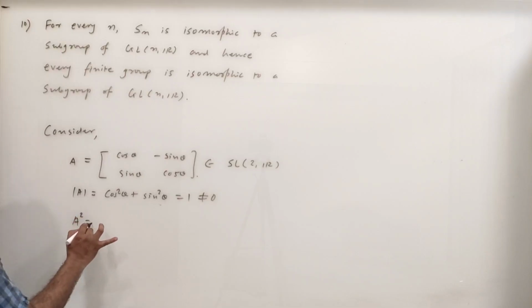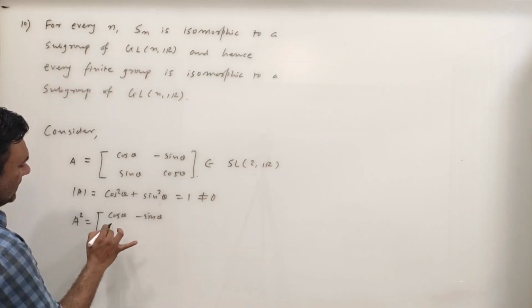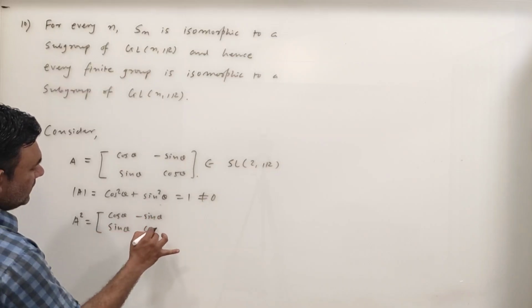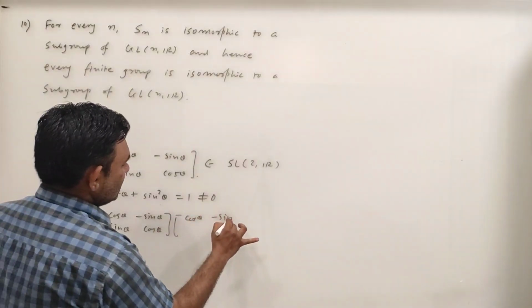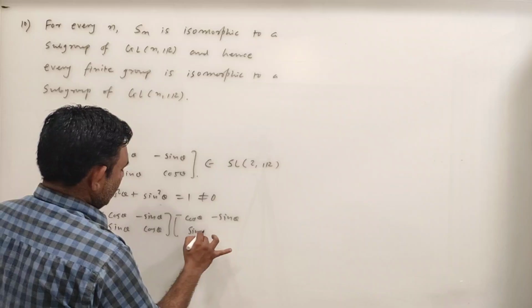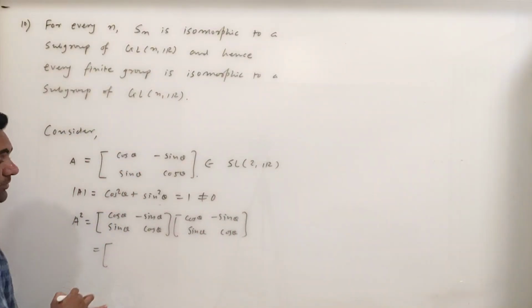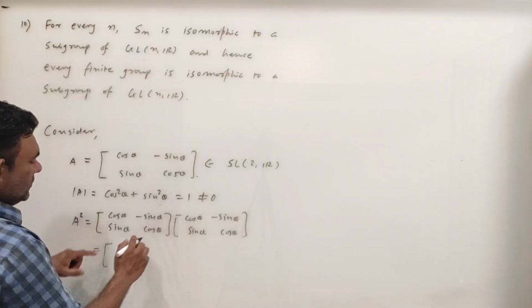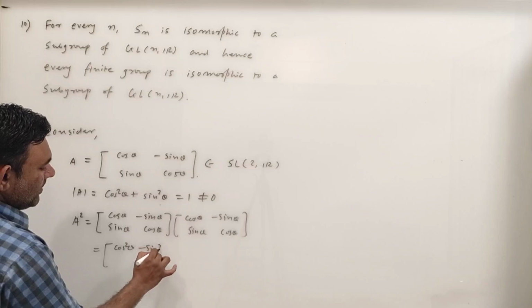Now what is A square? It is the product of the matrix with itself. The first entry is cos square theta minus sin square theta.